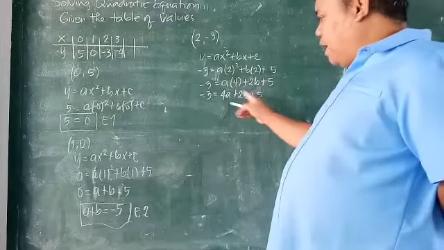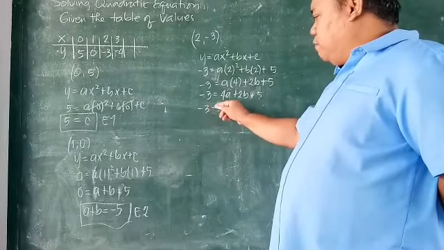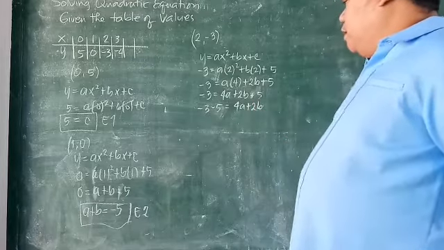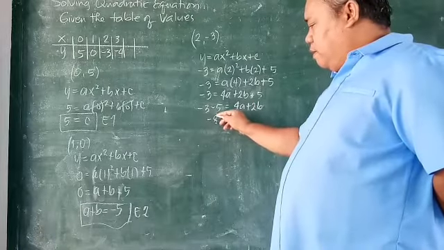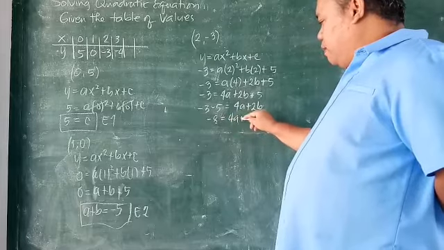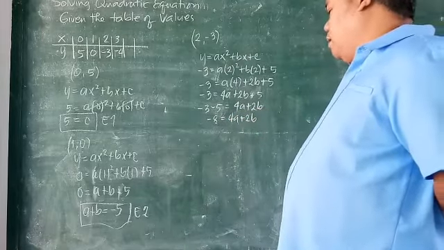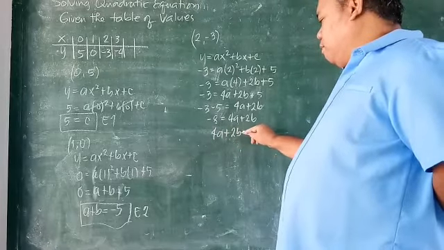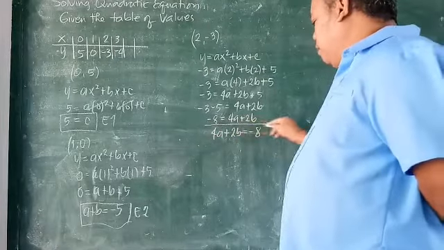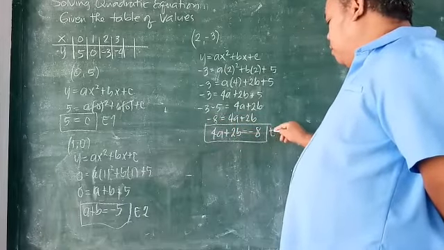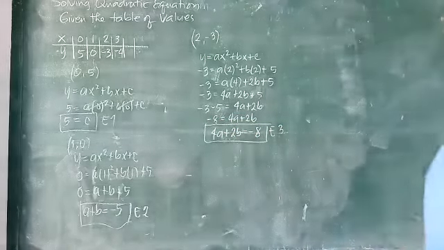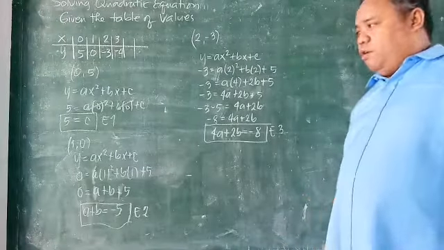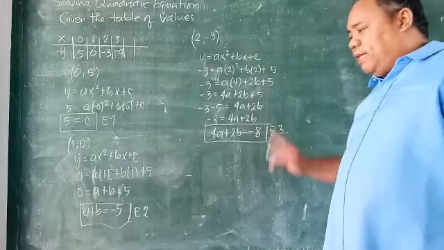Then we move the 5 to the other side, so negative 3 minus 5 equals 4a plus 2b. Rewriting this, you have negative 8 equals 4a plus 2b, or 4a plus 2b equals negative 8. And that will be your equation 3.